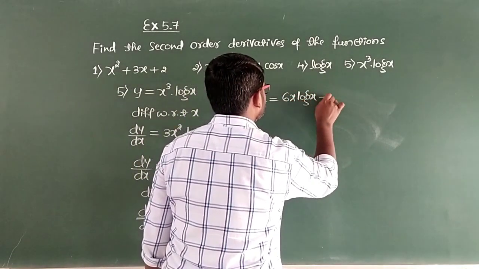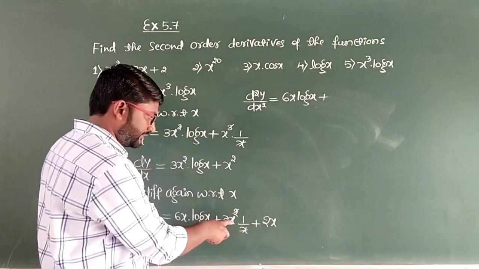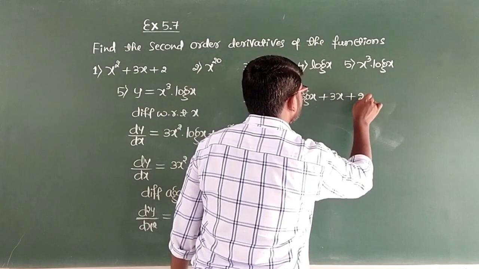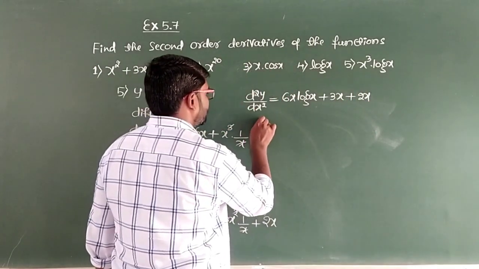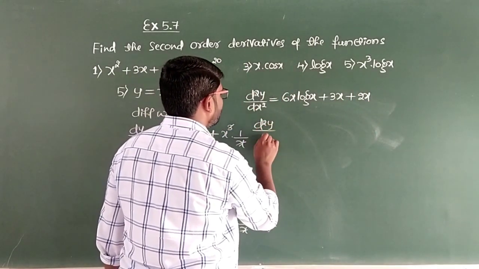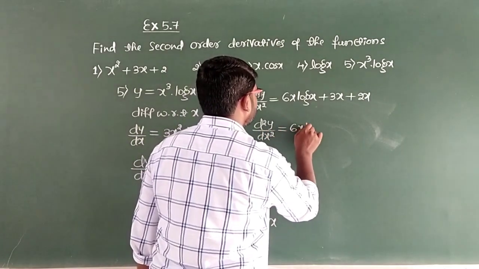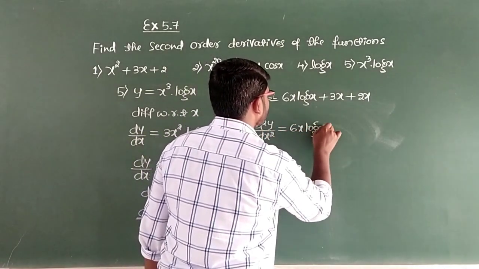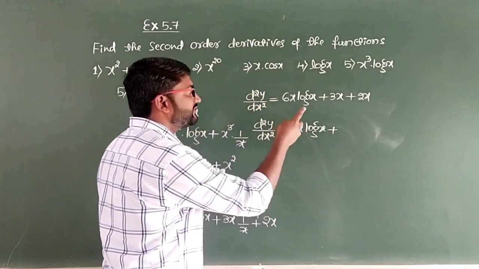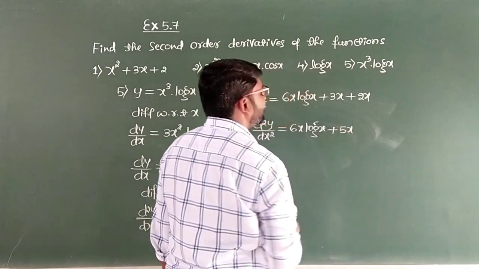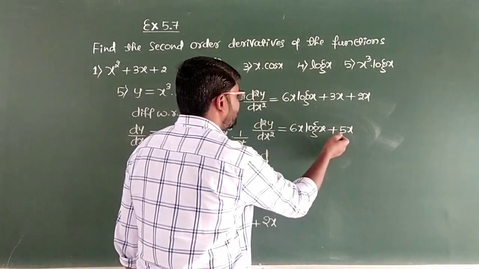D square y by dx square, which is equals to 6x into log x plus 3x plus 2x. So we get d square y by dx square, which is equals to 6x into log x plus 3x plus 2x, it will be 5x. So overall in these two terms we can take x common, or else you can leave here itself.